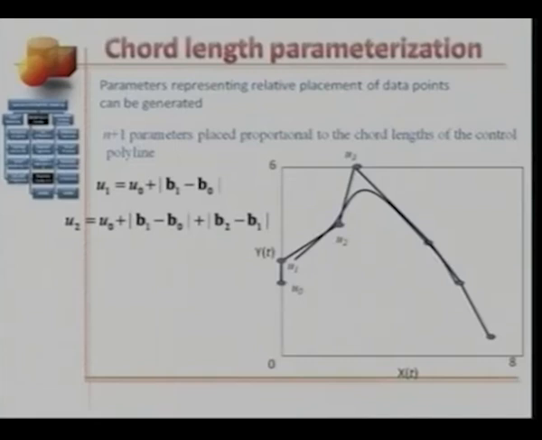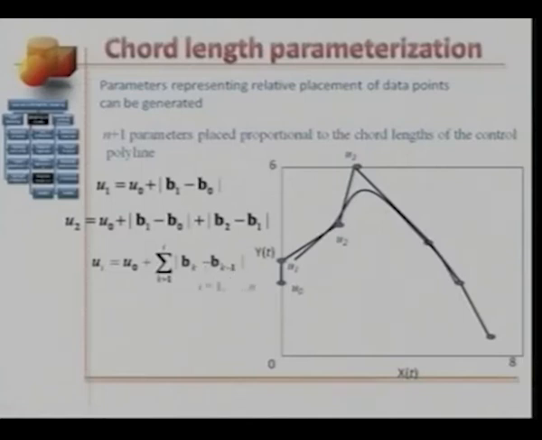Now, for u3, we'll be performing the computation in a very similar manner. u3 will be given by u0 plus this chord length plus this chord length plus this chord length. And we can generalize this process. We can say u of i equals u of 0 plus summation k going from 1 to i of the absolute value of bk minus bk-1.